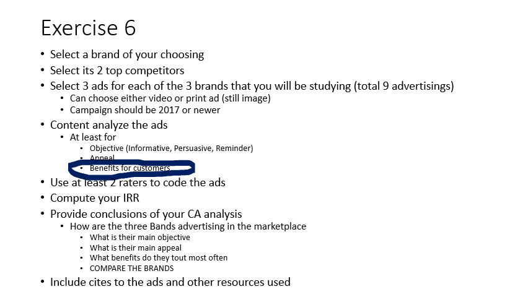Is it about luxury? Is it about reliability? Is it about flavor? It's going to be unique to the industry. But what kind of benefits are actually discussed, expressed, or shown in these campaigns that you're studying? That's the type of concepts that you need to code, at least these 3 types.